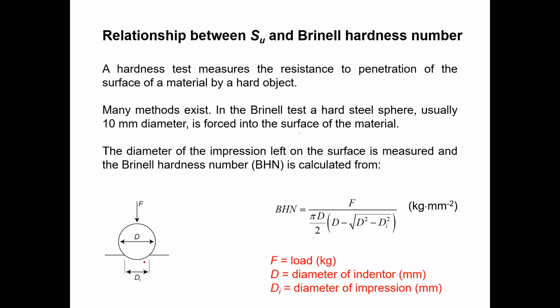If it is too hard, it will not penetrate too much. So with the impression's dimensions, we can get an idea about the hardness of this material. The tables give those values. With this dimension, if you penetrate this much inside, this dimension will change. Di will equal D.